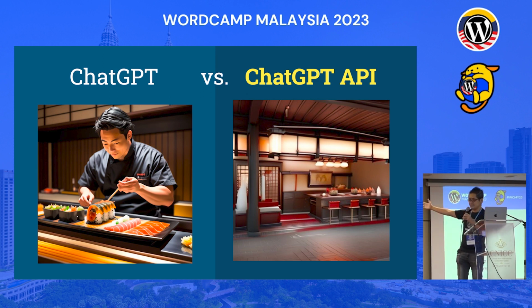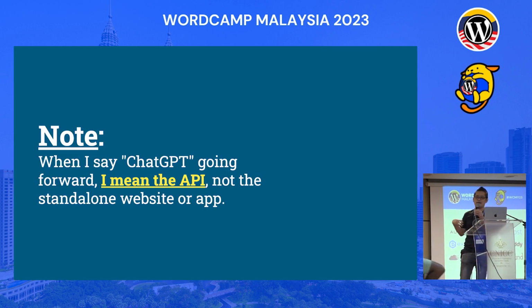On the other side is the ChatGPT API, where you have the whole kitchen without the chef, and you are the chef, with unlimited possibility to do whatever you want with the kitchen. ChatGPT is the chef that serves you the food. The ChatGPT API is the kitchen without the chef, so you have to cook up your own food. Moving forward, whenever I say ChatGPT, I will be referring to the API version and not the website or app versions, because today we are going to work with the ChatGPT API.